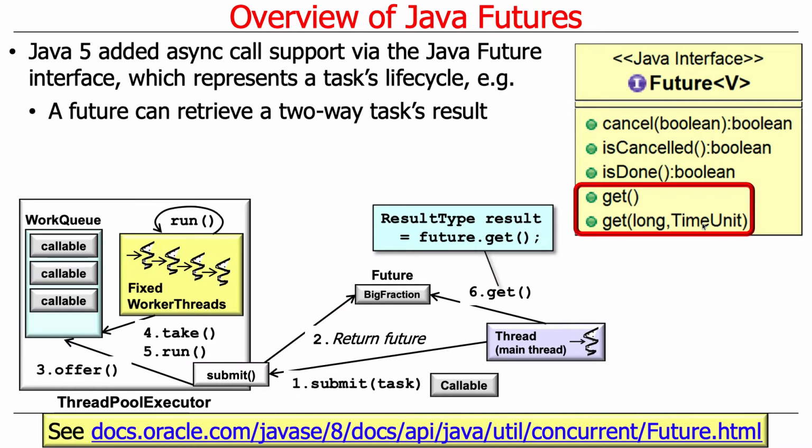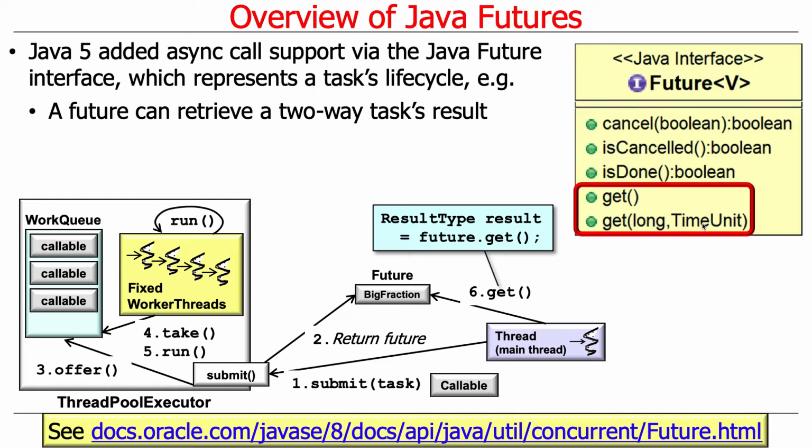So let's take a look at what you can do with a future. There are 5 primary operations on future, which is an interface. And one thing you can do is invoke an operation asynchronously using various means, such as the thread pool executor's submit method.